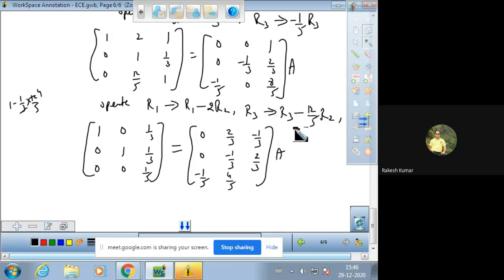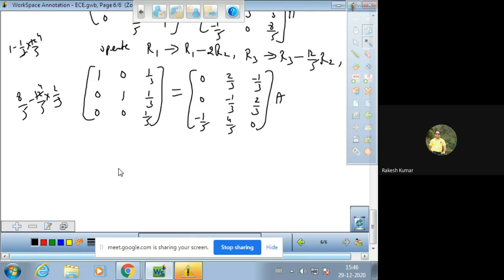And similarly, this is 8 by 5. So 8 by 5 minus 12 by 5 into 2 by 3. So this is 8 by 5, 8 by 5. This comes out to be 0 here. Remember, this comes out to be 0. You can check that. So now come to the left hand side again.